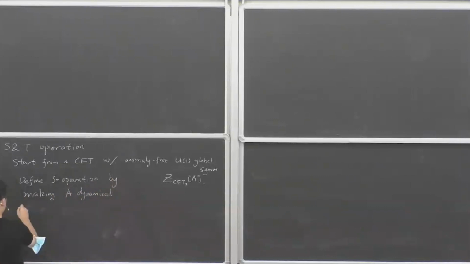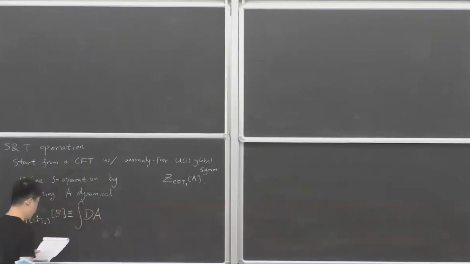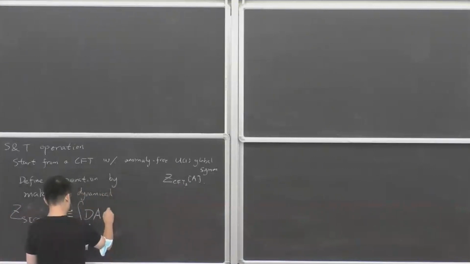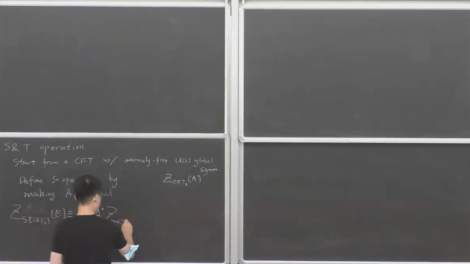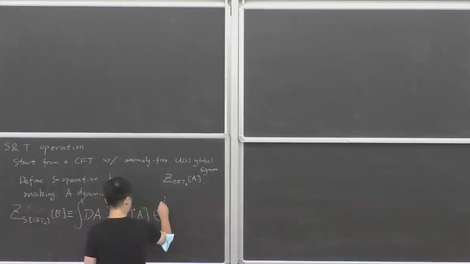Okay, so the new partition function, which I call the S of CFT1, will also be a functional of another probe U1 gauge field B, and it's defined as the path integral over my original probe gauge field, capital A, of CFT1 as a function of A, with the additional BF coupling.